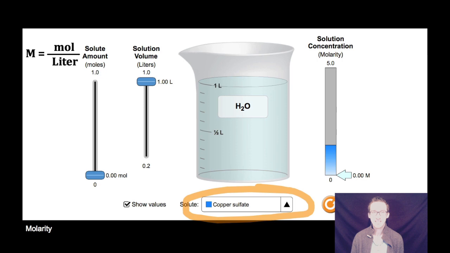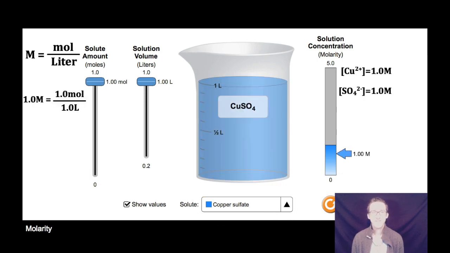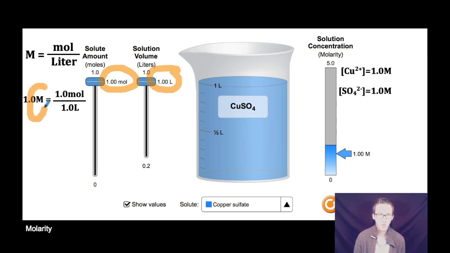I'm going to add to that 1 liter 1 mole of copper(II) sulfate. So I have now created what is called a 1 molar solution of copper(II) sulfate. In other words, I have 1 mole of my solute, copper(II) sulfate, in 1 liter of solution. So again, I have what's called a 1 molar solution.